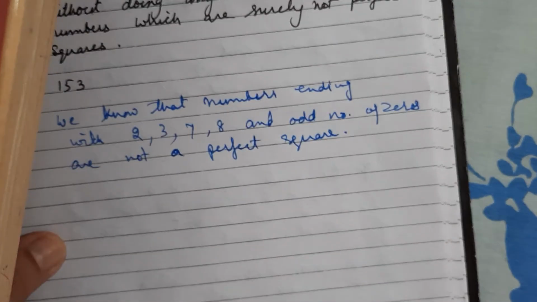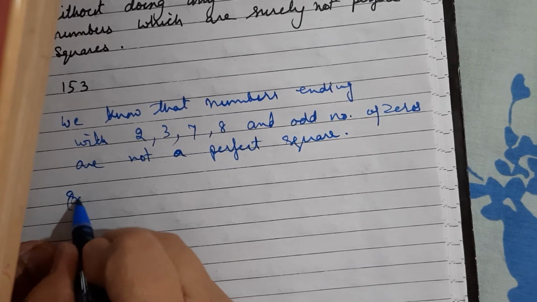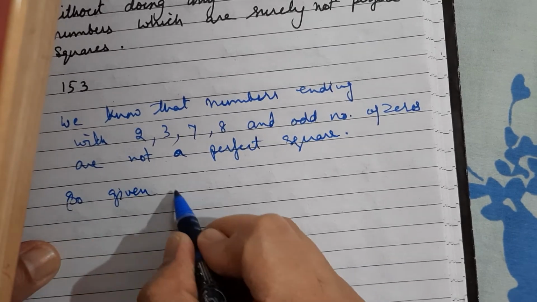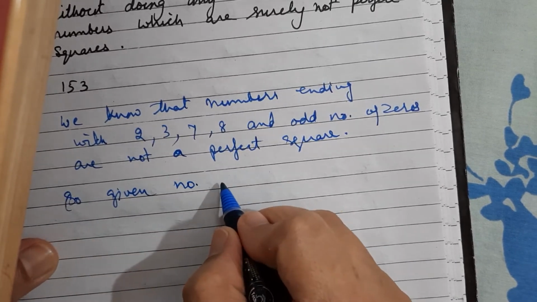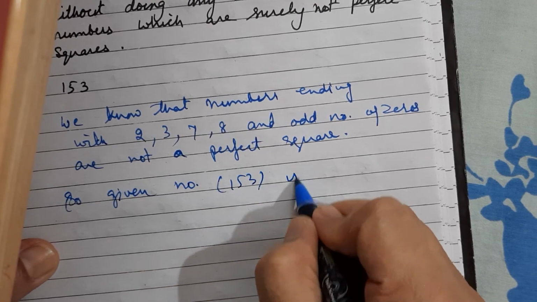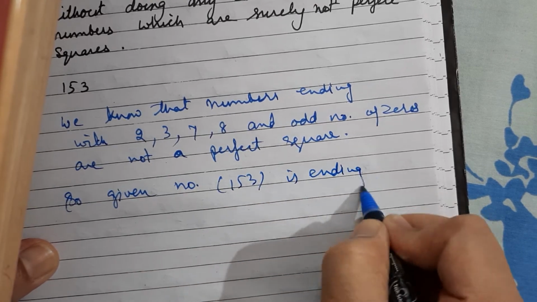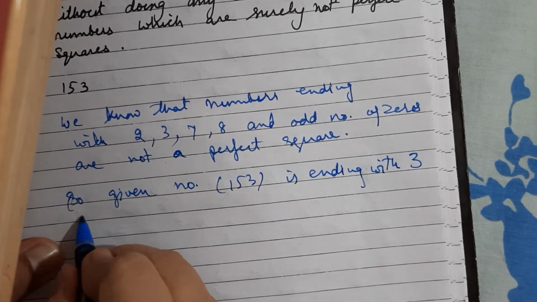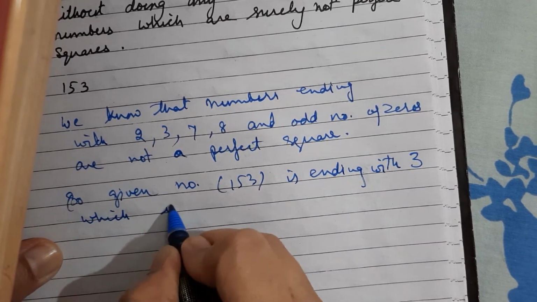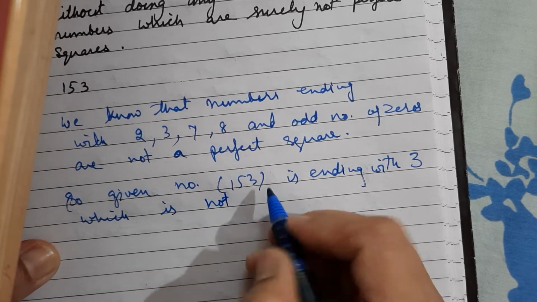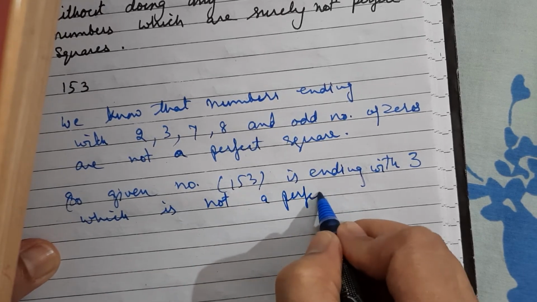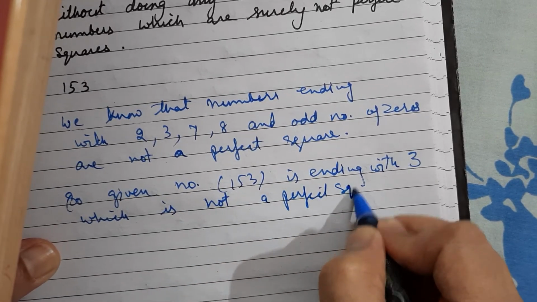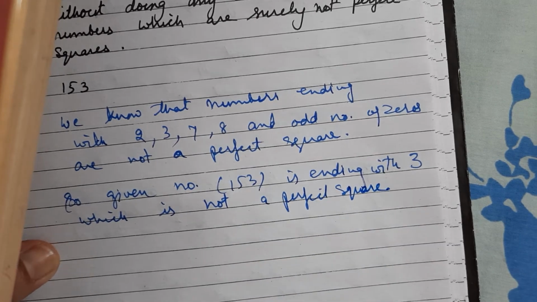right? So this given number, 153, is ending with 3, which is not a perfect square, right?